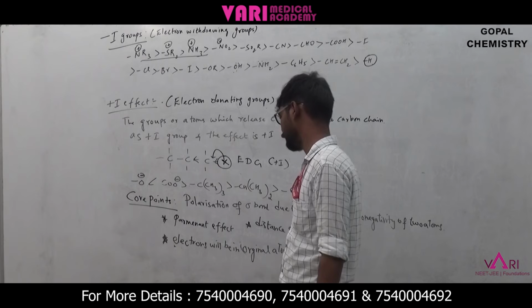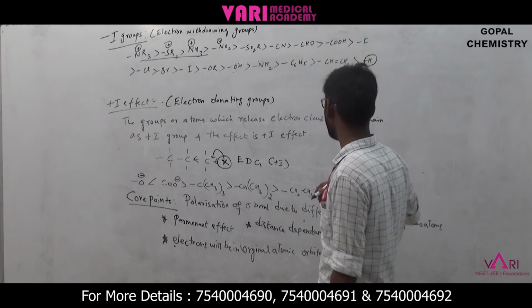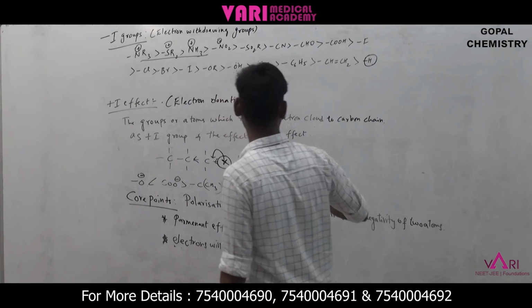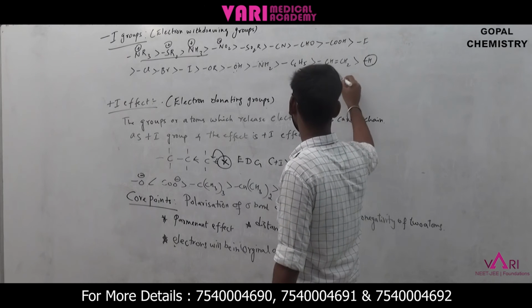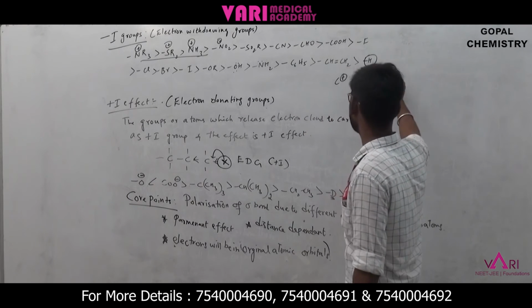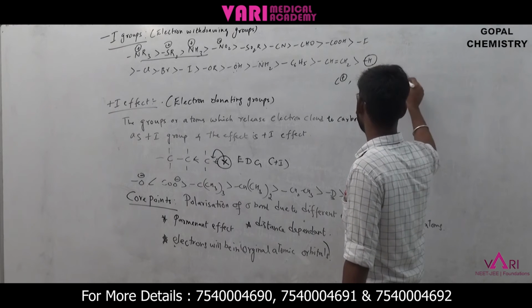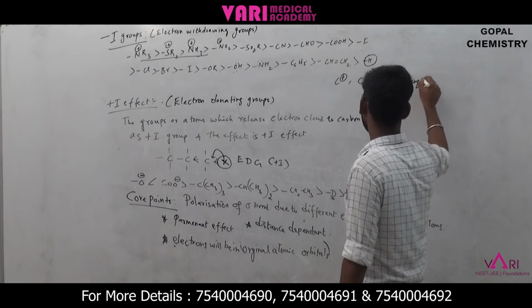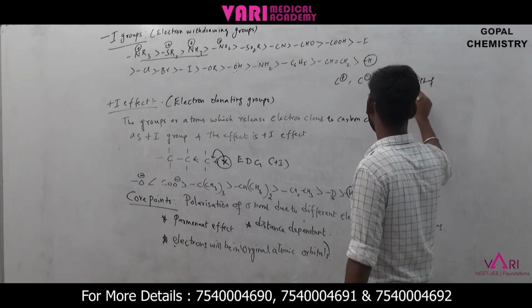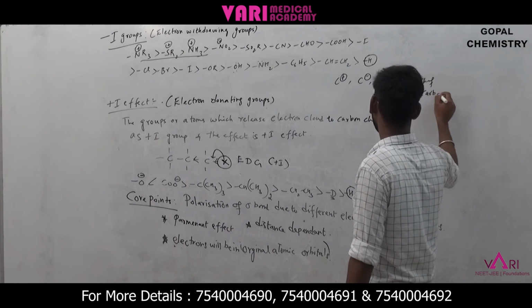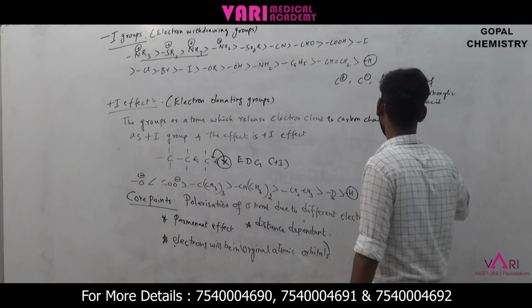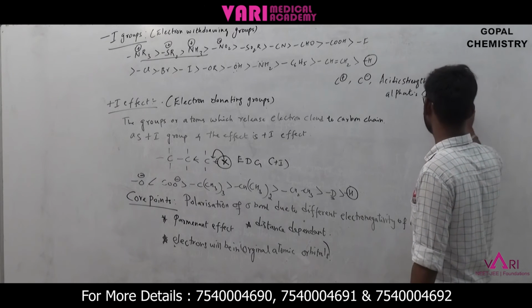So the core points are very important, and this minus I and plus I inductive effect will tell us the stability of carbocation, stability of carbanion, and acidic strength of aliphatic carboxylic acids and aliphatic organic compounds.